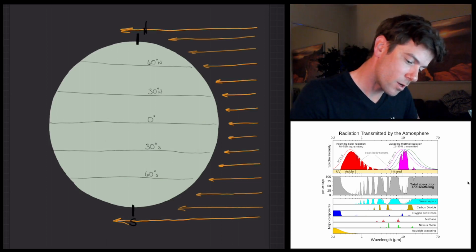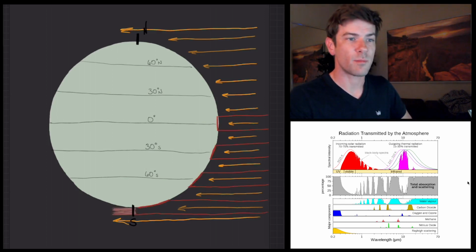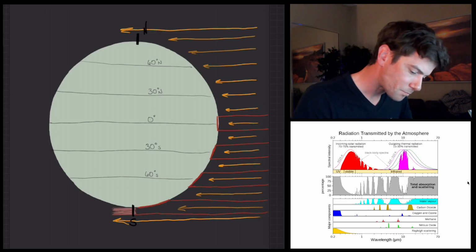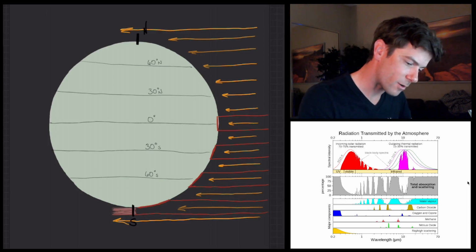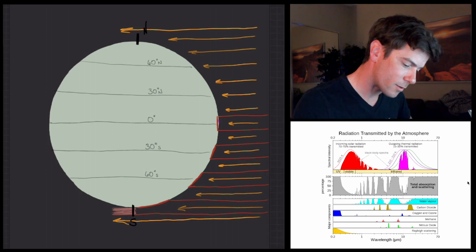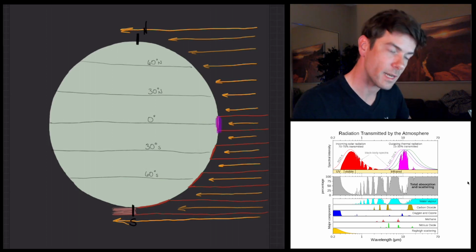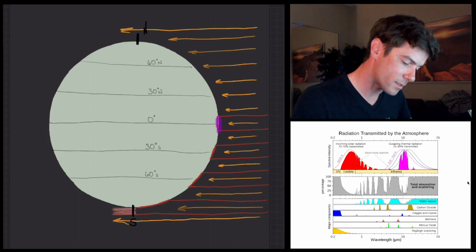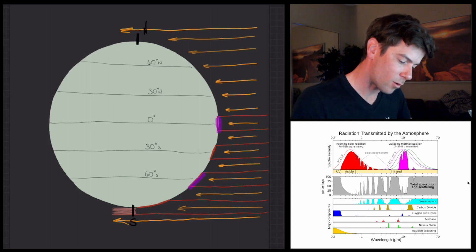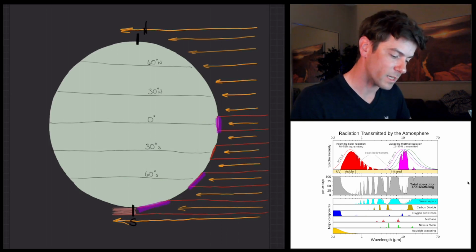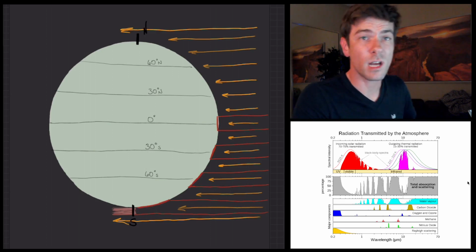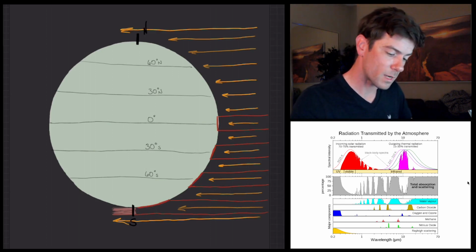And so we have radiation coming in here, and it's hitting the Earth at different angles, right? Here at the equator, it's hitting at more or less 90 degrees, but out towards the pole, it's hitting at a very oblique angle. And so you have differing fluxes as you move away from the equator and toward the poles.